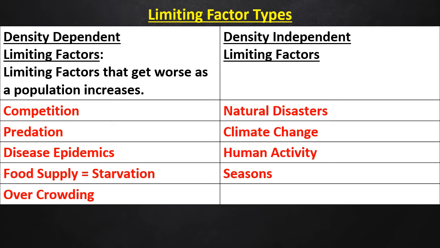If you're overcrowded, spreading disease is easier. Epidemics get worse. And of course, if you increase competition over food supply, especially in the winter, starvation occurs. While density independent factors are natural disasters, climate change, human activity, and the seasons, which happen regardless of the population of the species that we're studying.